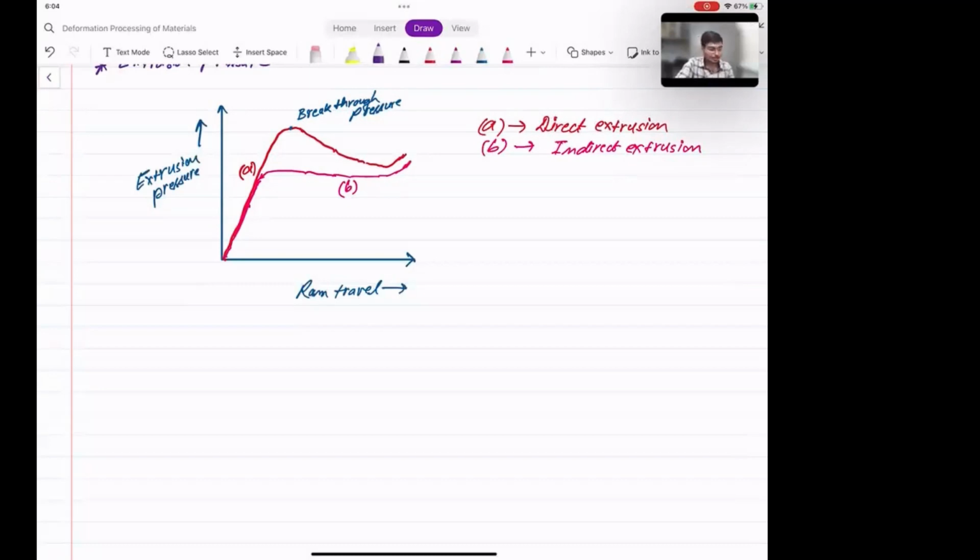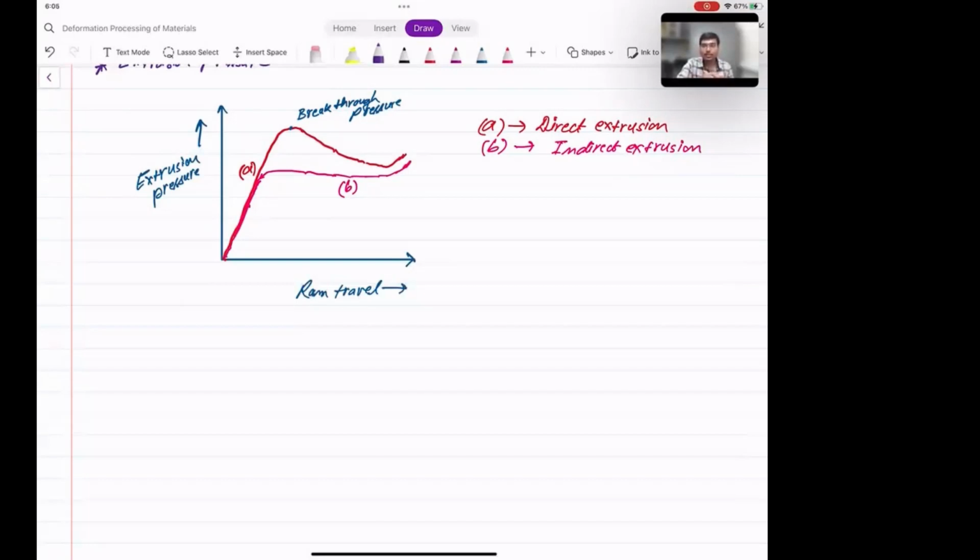The reason is that at last, the portion of material which has all sorts of defects or foreign particles, like some other phases, gets segregated over there.